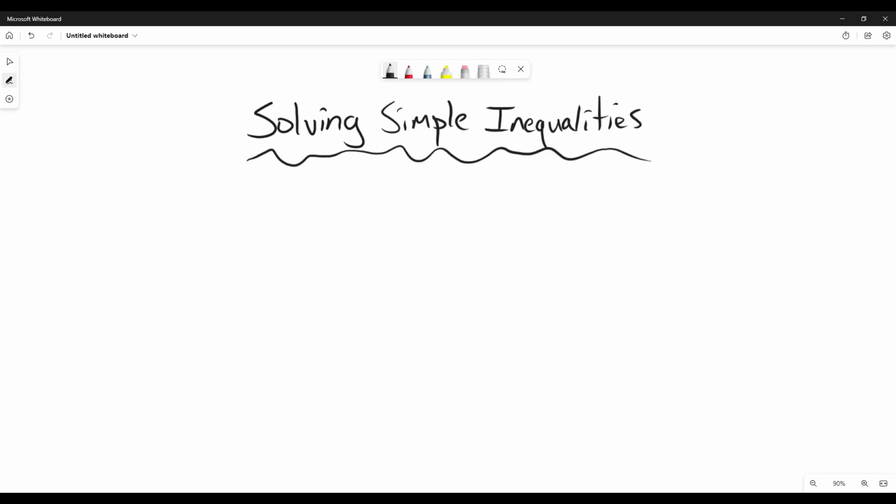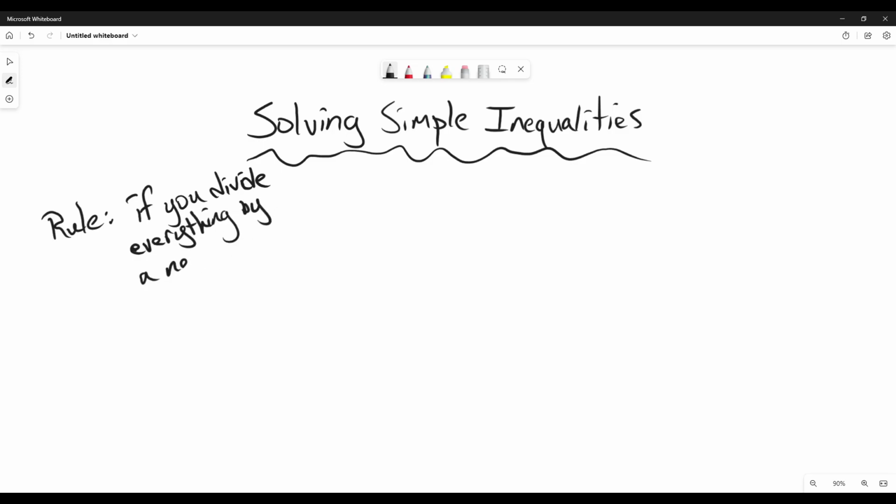The main rule you have to focus on is that anytime you divide everything by a negative number, I'll use a hashtag as a number sign, you must flip the sign. And I can show you what I mean by that in a minute.